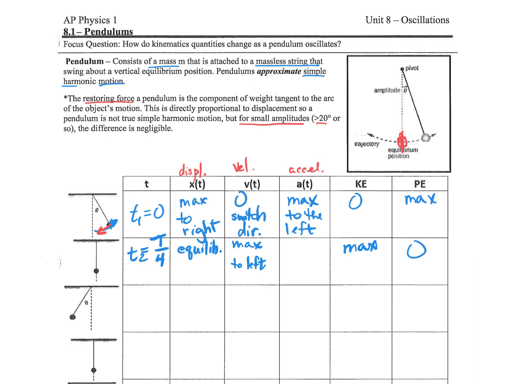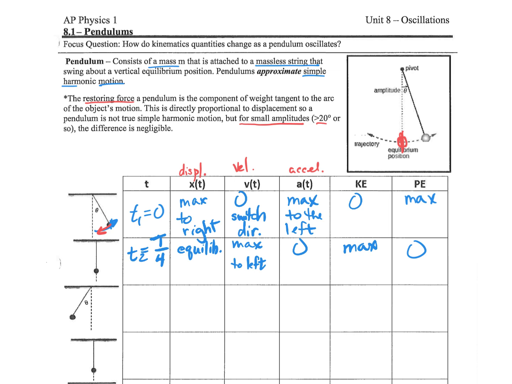If the potential energy is at 0, then what does that tell you about the acceleration? It's at 0. Why is it at 0? Because what's happening to that yellow vector? It's straight up, and then as we start going again, what automatically happens to it?